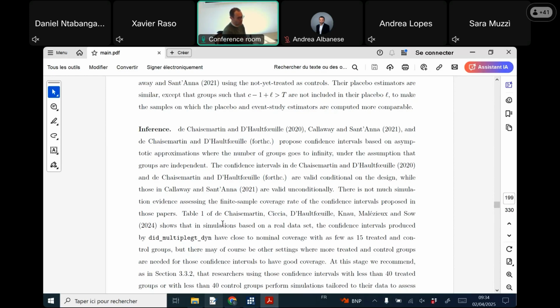We have one simulation exercise based on a real data set, so it's not completely made up simulations, where we find that the confidence intervals have close to nominal coverage with as few as 15 treated and control groups. Now, I'm pretty sure that you can find other settings where coverage can be quite bad with 15 treated and 15 control groups.